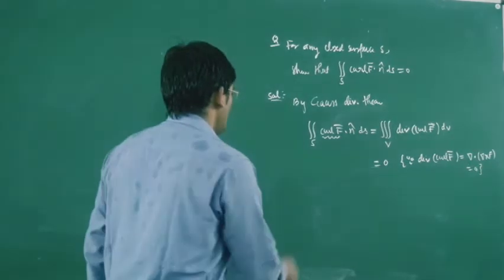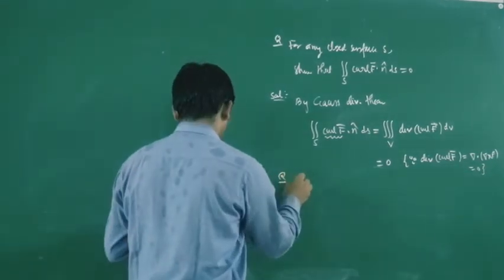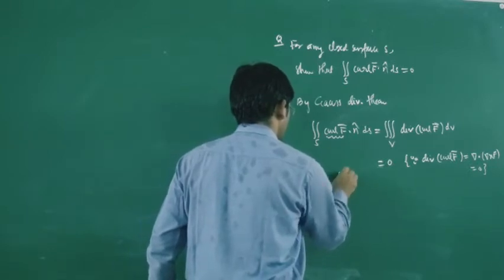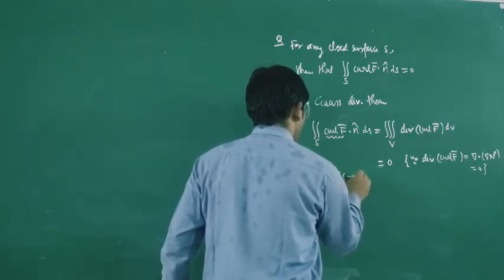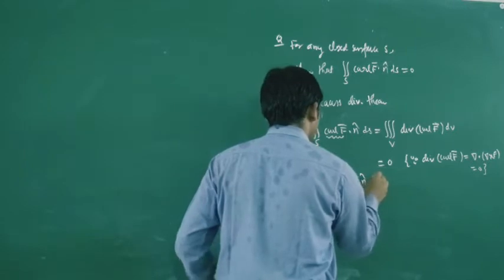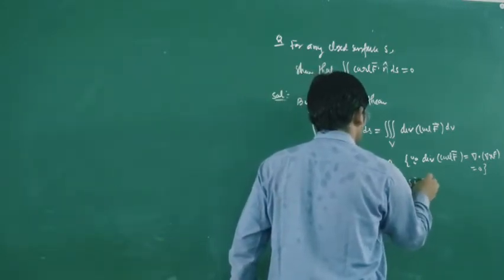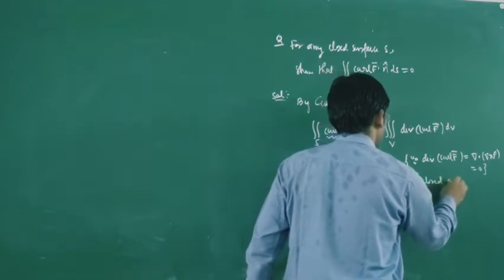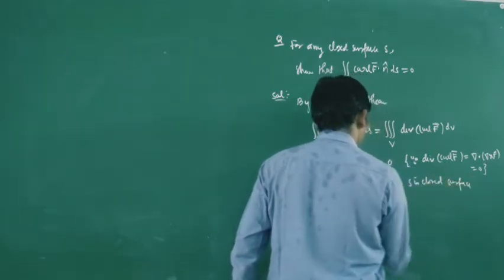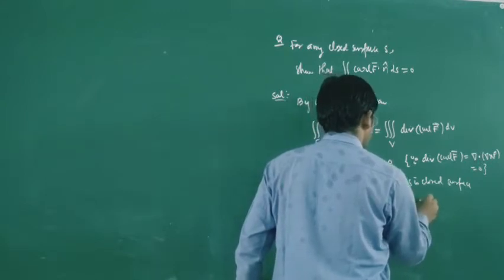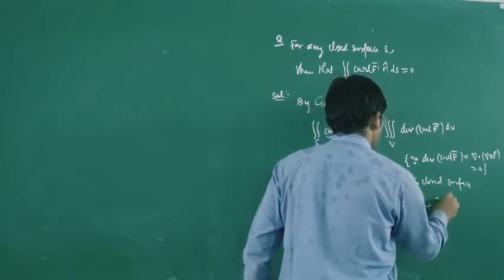Then we have the question, evaluate the integral of r dot n ds, where S is the closed surface and your vector r is xi plus yj plus zk.